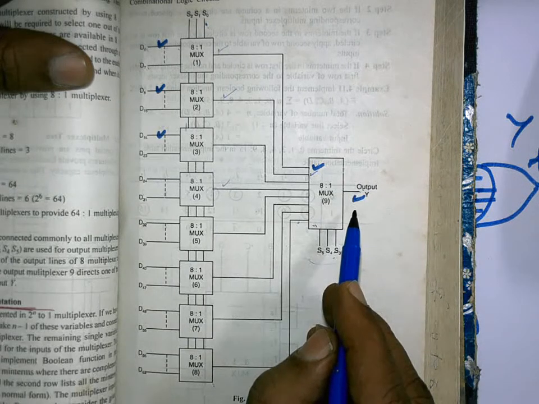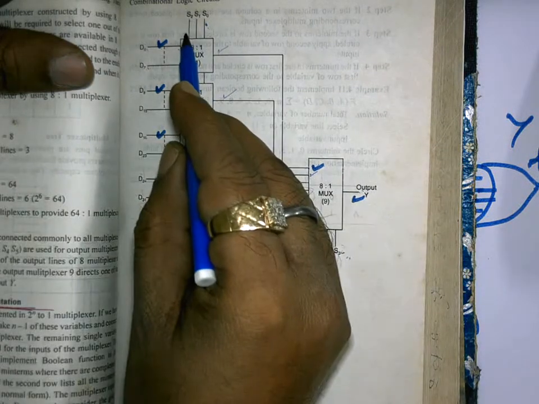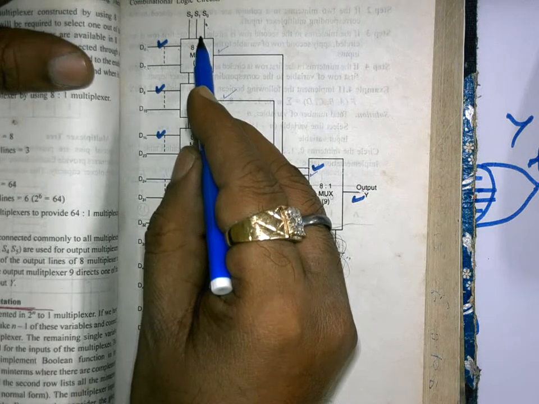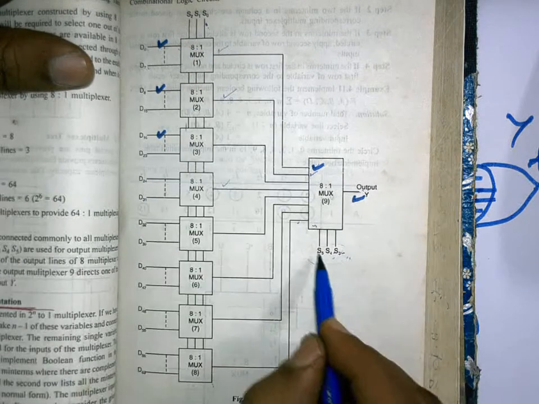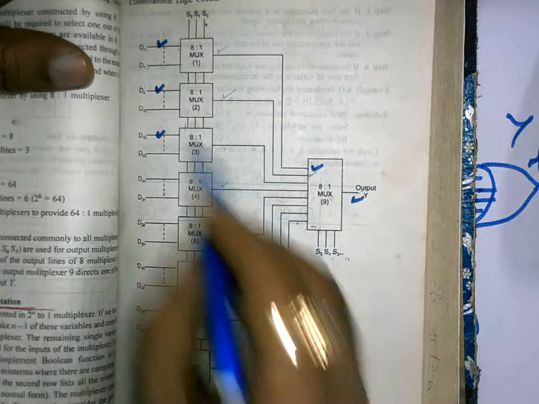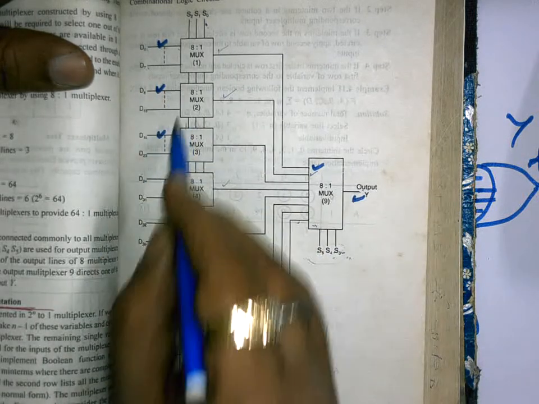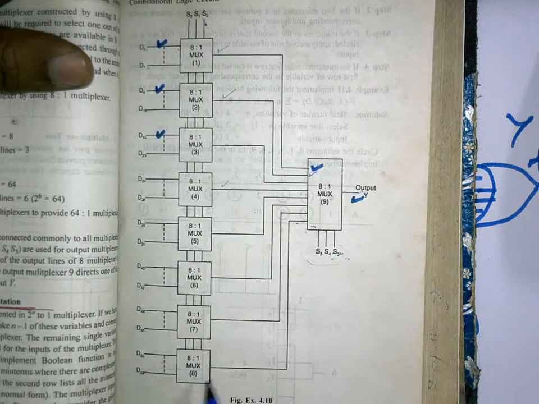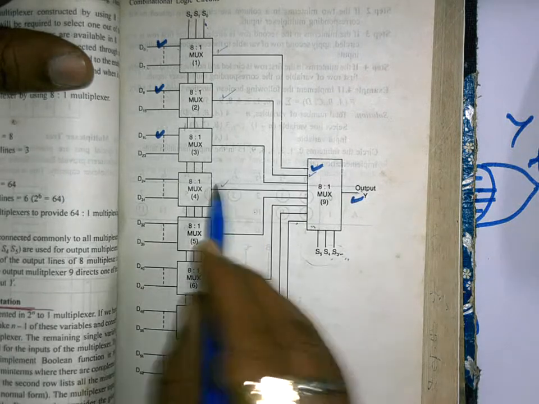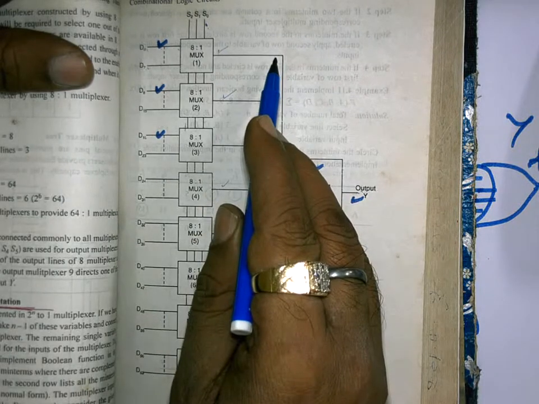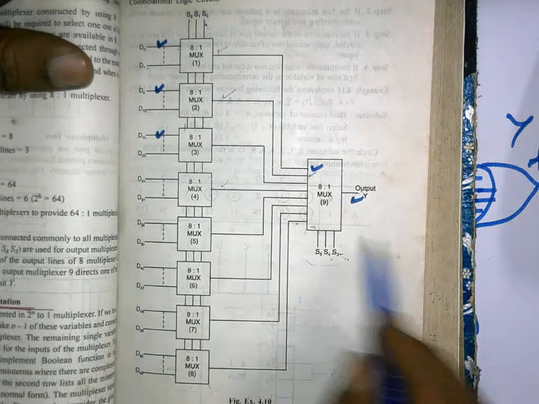Got this point? And suppose I am putting 1 1 1 over here and 0 0 0 over here. So D7 line of all the muxes, they will appear at their corresponding output. But which output is finally routed?